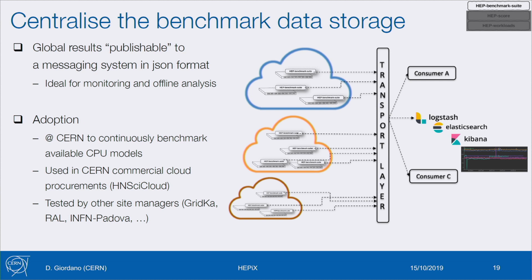Those JSON documents, the reports of the measurement, can be sent to a transport layer. We typically use an ActiveMQ broker, and then they can be consumed by several consumers. In particular, we collect those data in Logstash, they land in Elasticsearch, and we can monitor through Kibana. We can then extract them and do more analysis, like the correlation that we have seen between Spec CPU 2017 and HEPiX 06, which was done in this way.